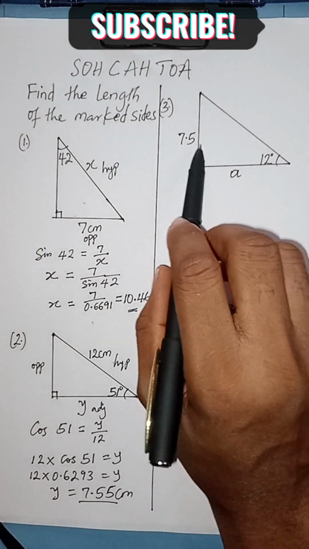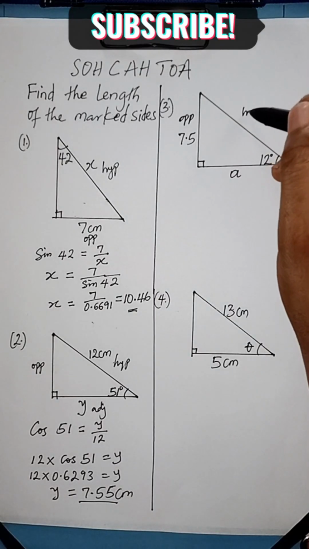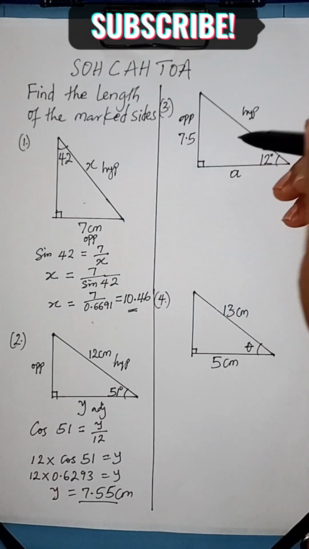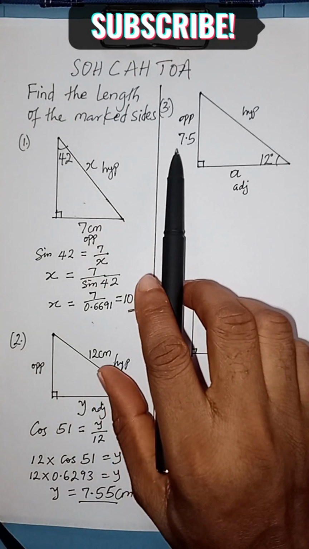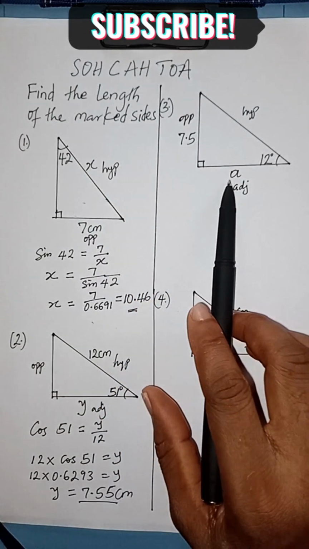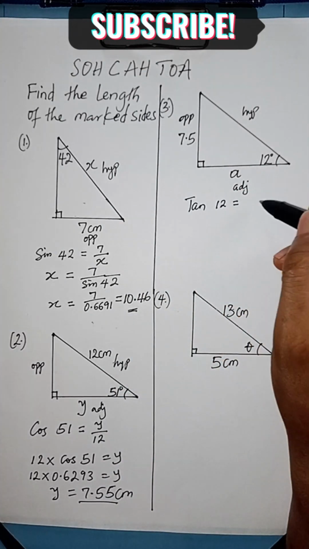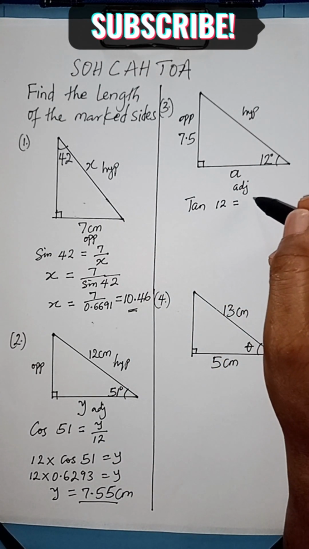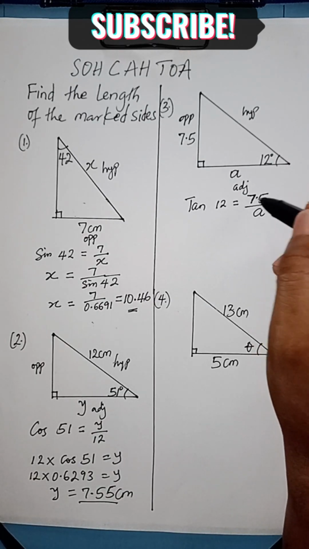Number 3, we're given the angle 12 degree. So the side facing the given angle is your opposite. Very easy to identify. This is your hypotenuse, the side facing the right angle. So this gives you your adjacent. So here we are given the opposite and we're looking for the adjacent. So it means I'm using tan. Tan 12 will give me opposite over adjacent, which is 7.5 divided by A, and that's my adjacent.